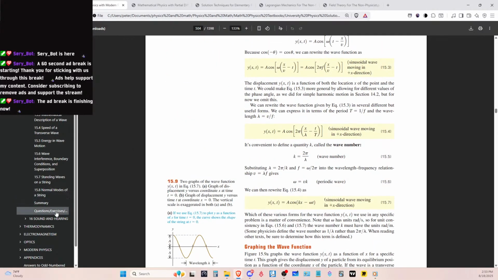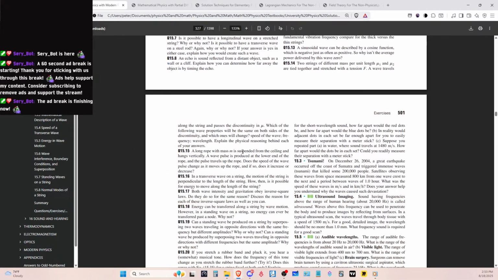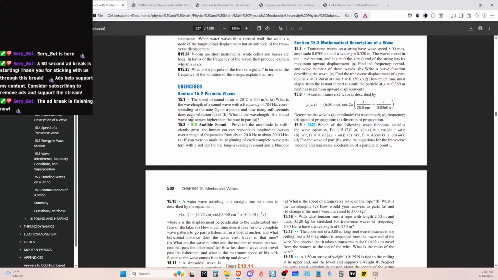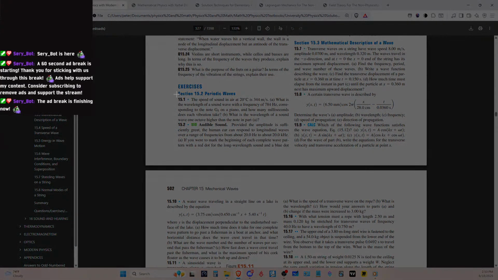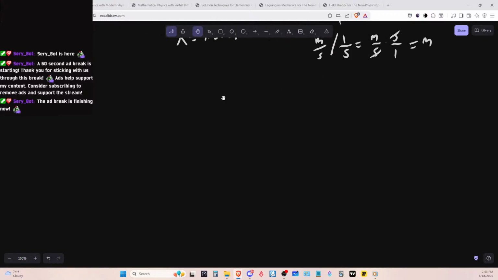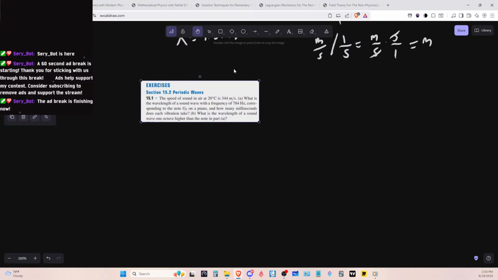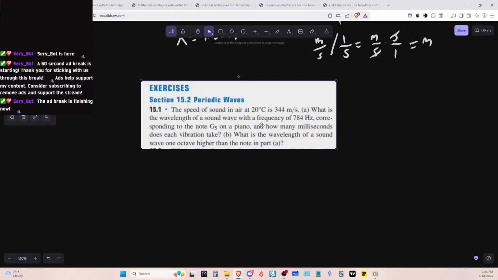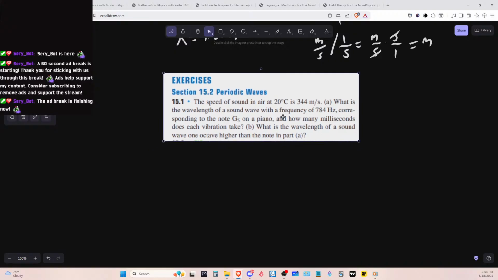Maybe we can go into the questions and do the first one we were given. A speed of 344 meters per second.